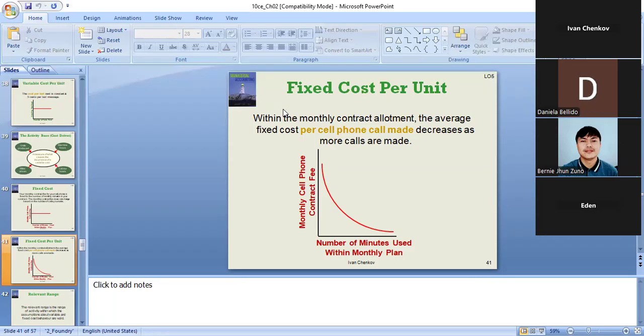Now, if you use the Compass card only once to go to the airport, how much did that trip cost you? Well, that will be $150. Why? Because you're using it once, you pay $150, so that trip cost you $150. What if you use the Compass card 2 times in a month?